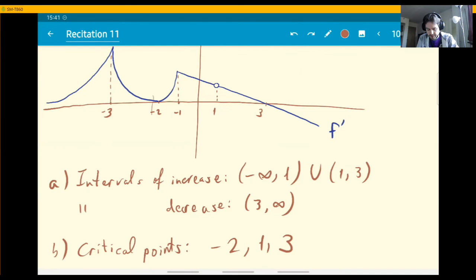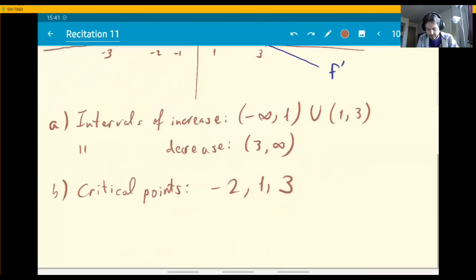And for the number -2, f prime goes from plus to plus. This time we know the function f has a value at the number -2. However, the function is increasing before it and also after it. It's like the x cubed function. This is neither. So -2 is not a local extremum.